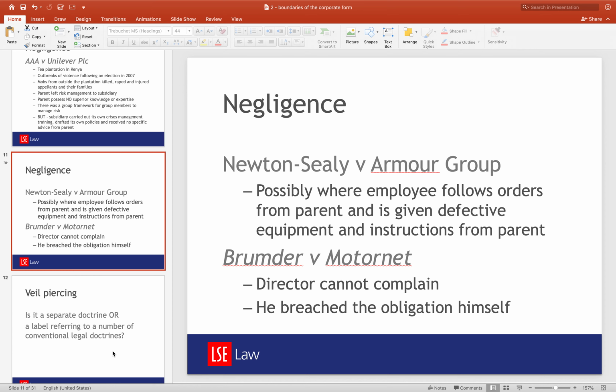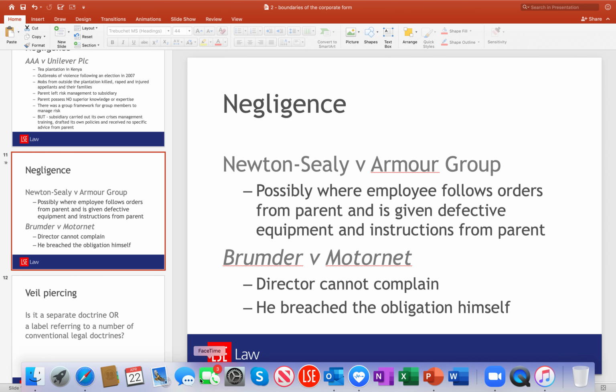So we can see that there's an overall line to be drawn in how much the parent company is involved in micromanaging the subsidiary. The more they involve themselves in the risk management of the subsidiary, the more likely they are to be liable under the tort of negligence.